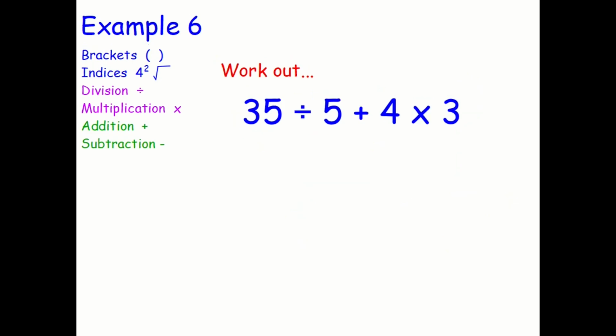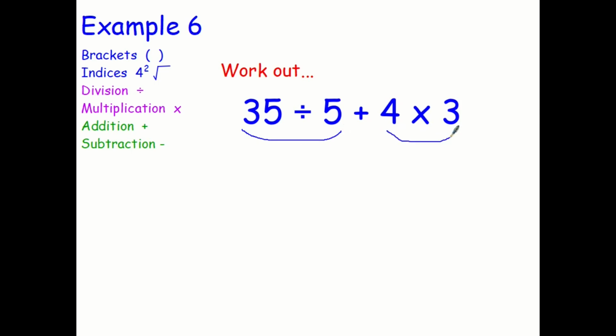Example 6. Work out 35 divided by 5 plus 4 times 3. Okay, I haven't got any brackets, I haven't got any indices, I have got a division and a multiplication in fact. Now remember, they are equal priority, so you can essentially do them at the same time.